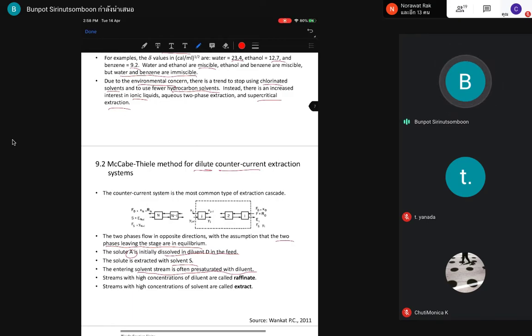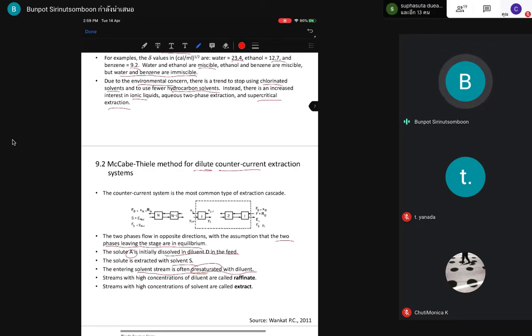This way, the solvent is already saturated before entering the system, so it is not going to take up more of the diluent. We do the pre-saturation to prevent further mass transfer of diluent into the solvent. We only want the mass transfer of the solute from the diluent to the solvent.